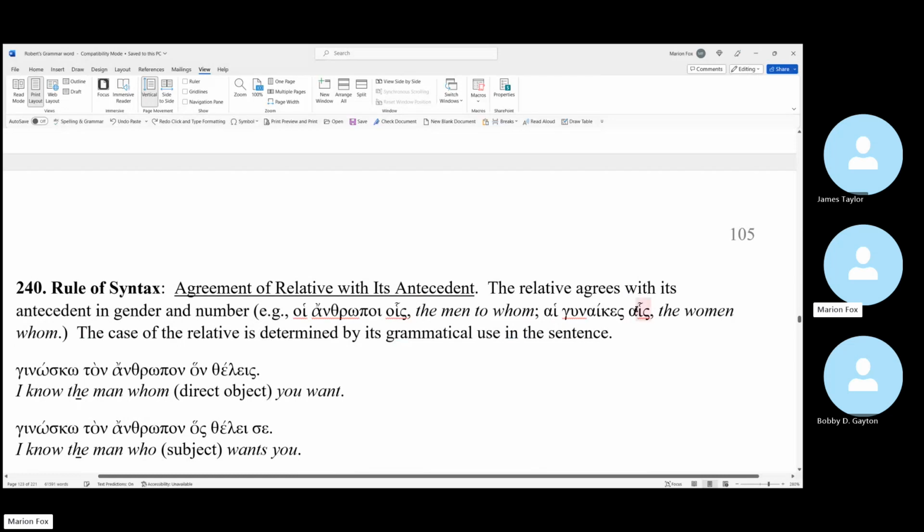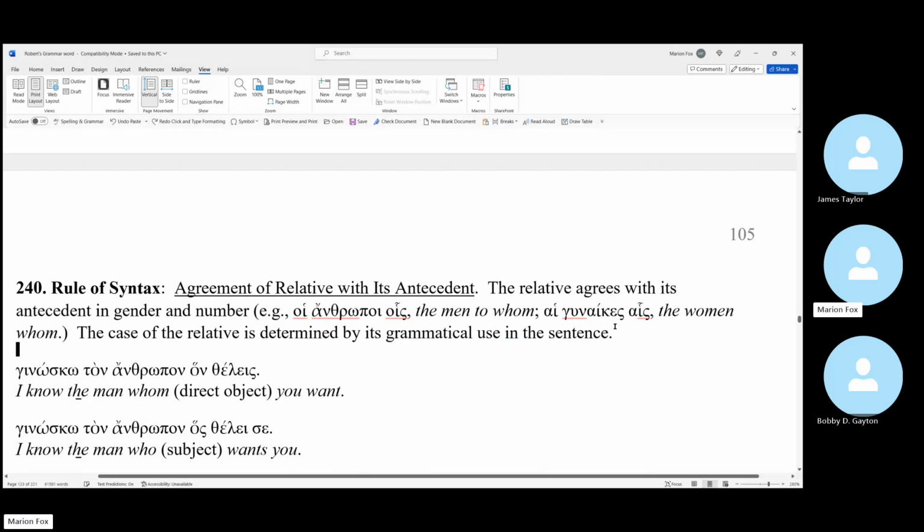And so again, that's also dative, instrumental, locative, plural, but it's feminine. And so the women who, or that could be wives, this word gune could be translated wives or women. This is one case where the Greek is ambiguous where English is not.